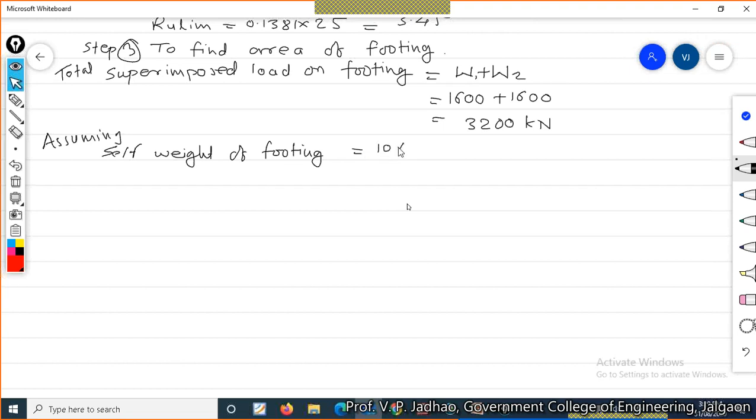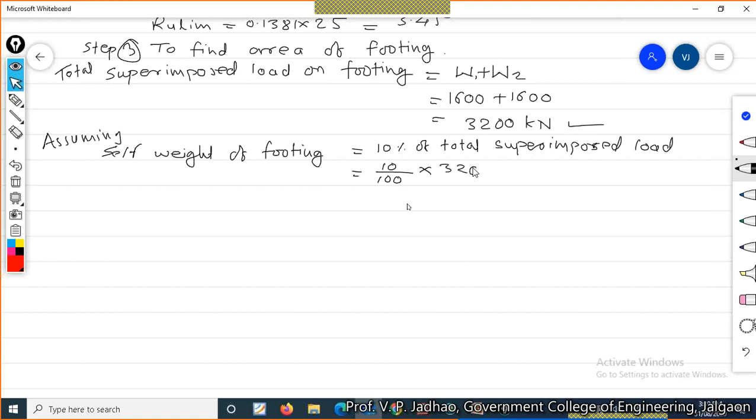So we assume the self weight of the footing is equal to 10% of total superimposed load. So we have 10% multiplied by the total superimposed load, which is 3200.